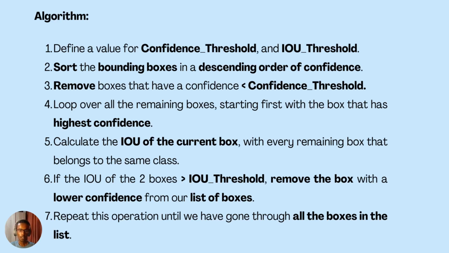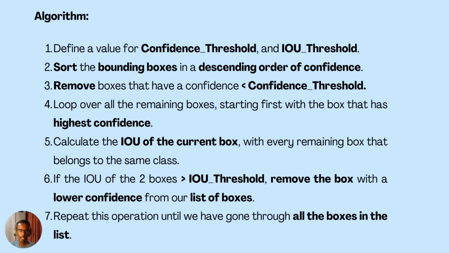So all of the bounding boxes will be sorted in descending order by using their confidence values. Third, we remove the boxes that have a confidence less than the confidence threshold. Just as we did before, we removed the yellow box because it has a confidence score less than the confidence threshold. So this is the third step.